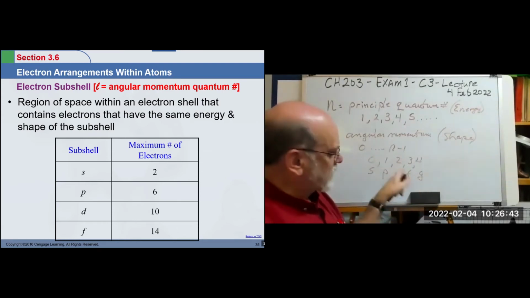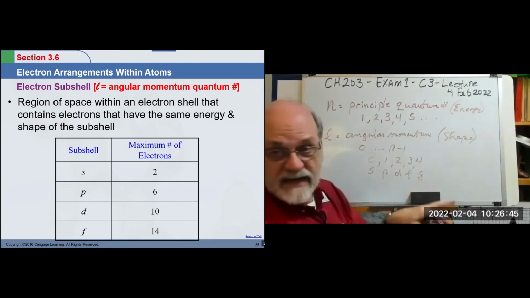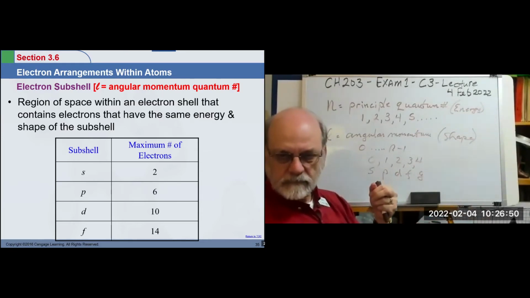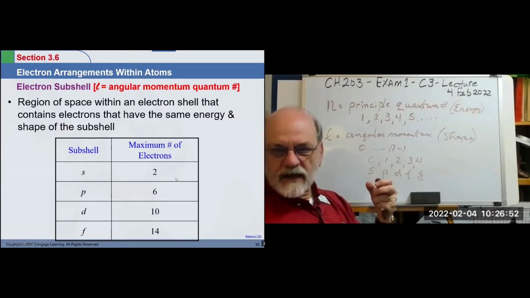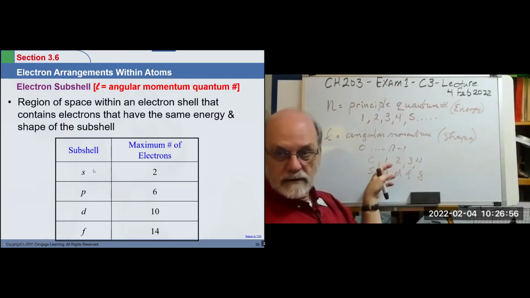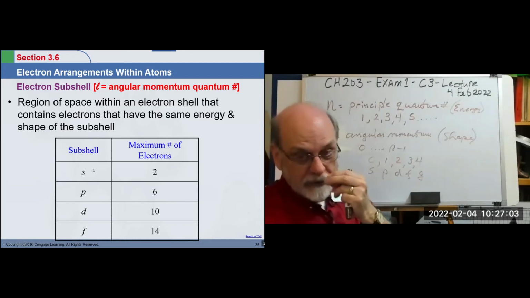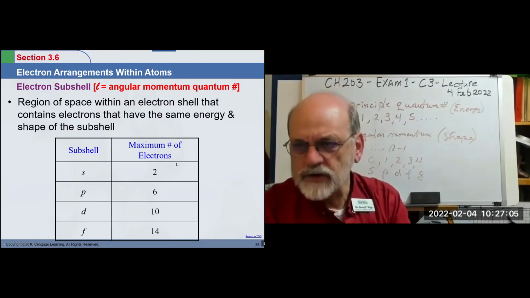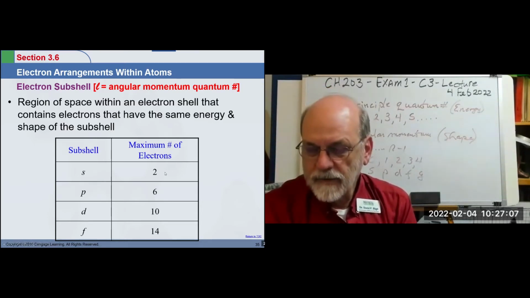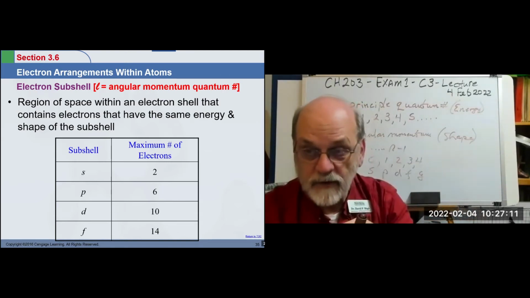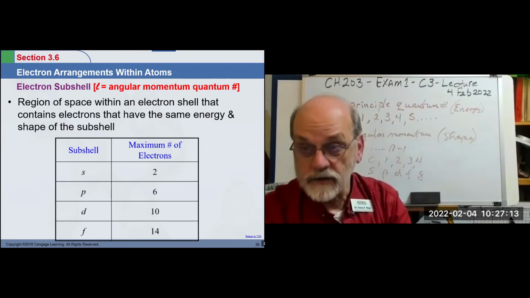But that's plenty. In fact, SPDF is all we're going to need. And what this tells you is not just the shape of the orbital, but the maximum number of electrons that the orbital can hold. Now, right now, you would just be memorizing those values. What I want to do is show you the rest of those numbers, and then these maximum numbers of electrons you can calculate yourself.